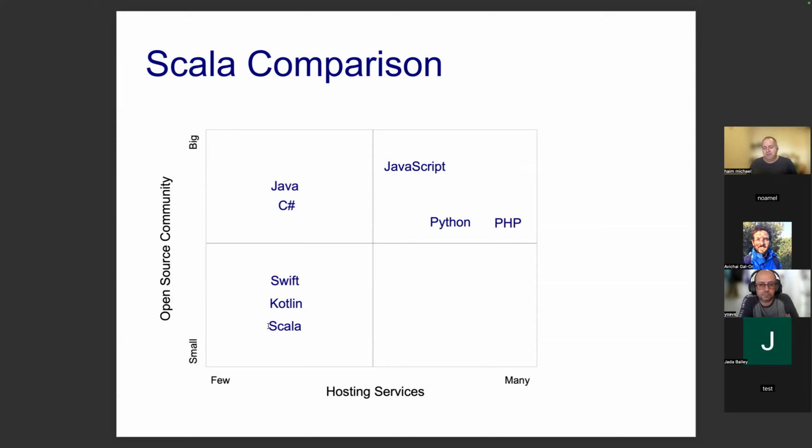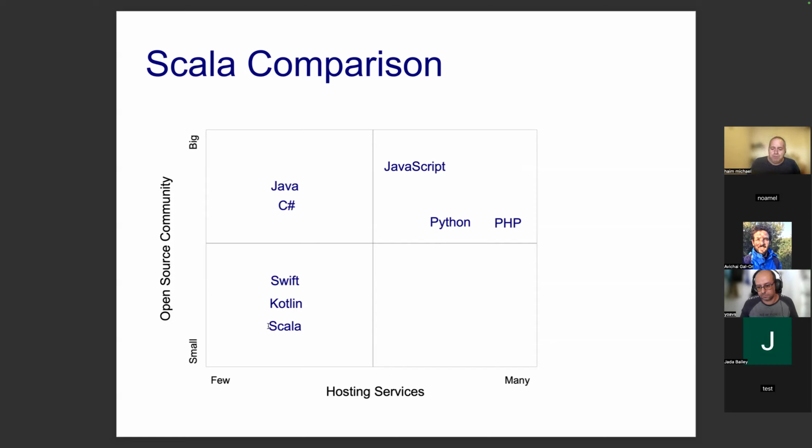Now, regarding hosting services, bottom line, you can host on the server side every application you code, it can be Java, C Sharp, Swift, Kotlin, Scala, Python, PHP, JavaScript, whatever. However, if you're not going with the three major cloud providers, Google, Amazon, and Azure, and you go with a smaller company as the hosting service, then most of those smaller companies support, of course, PHP on the server side.